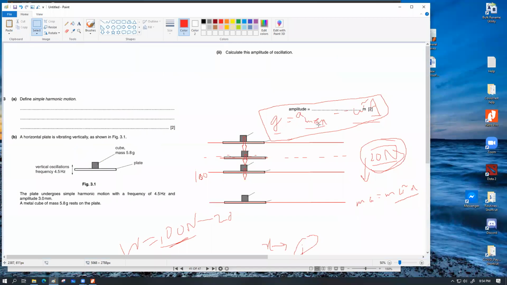g equals a max equals minus omega square x. You can get rid of the minus because we are talking about the magnitudes mostly. Or if you write minus, you can write minus over here as well. So g equals a max equals minus omega square A. You can keep the minus because this was meant to be a max.